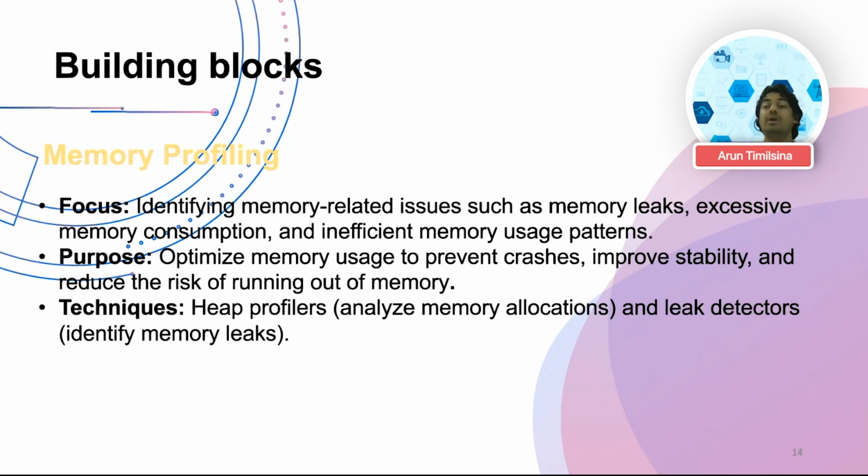Whenever we create some objects, those objects will occupy some memory. If we are not using those objects, then they should be captured by garbage collection. And if the process between creation and destruction is not properly managed, then it may lead to an inefficient memory usage pattern, which ultimately leads to memory leaks.